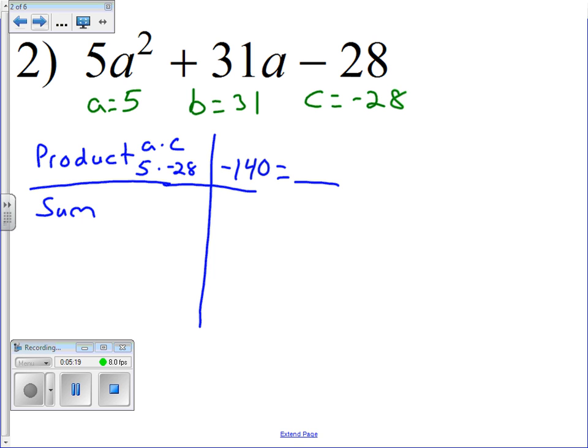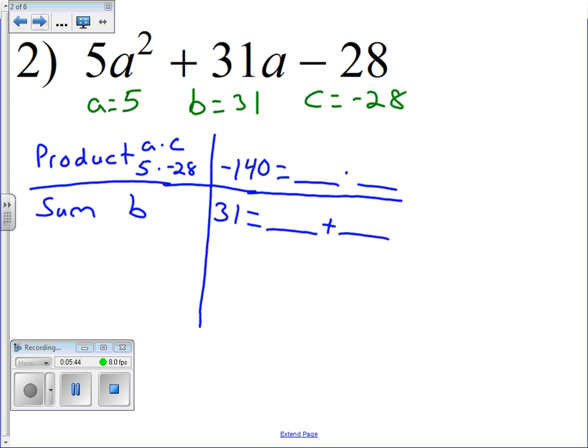And I want two numbers that multiply to give me negative 140, but the sum is b, which is 31. Same two numbers. So what are the factors of 140? There are a lot of factors of 140.